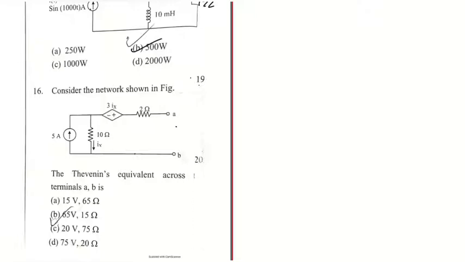Firstly, I am going to find out our VOC, that is the open circuit voltage between the points A and B. For that, I will write the mesh equation over this particular mesh: VOC minus, since this is open circuit, no current is flowing through this mesh, so it will be 0 into 2 minus 3Ix.